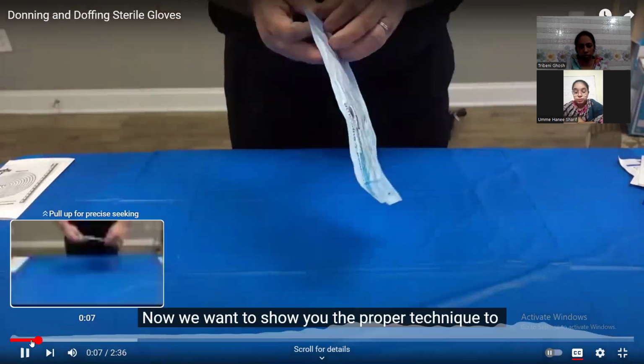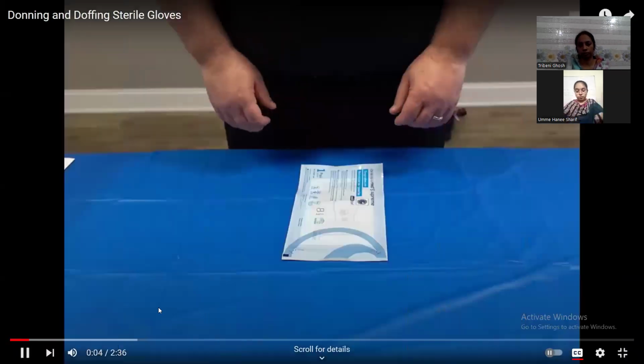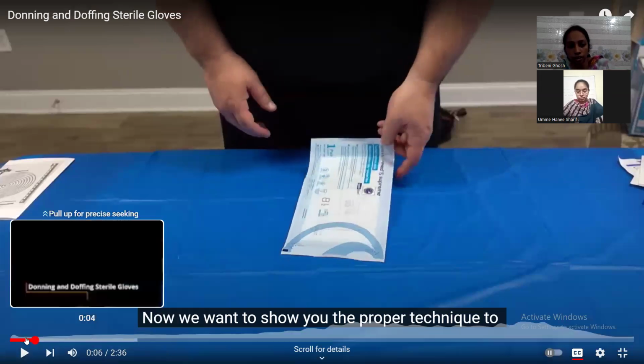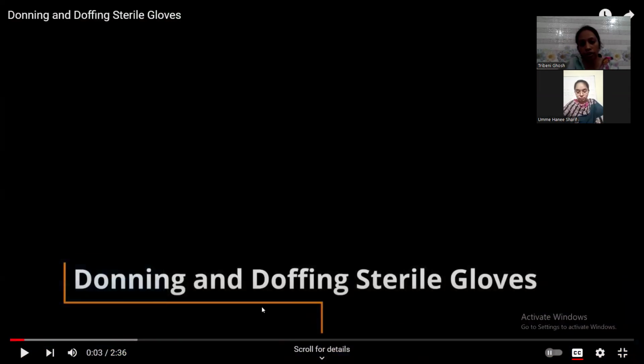Sterile gloves. I want to show you the proper technique. I just want to inform you, in our actual workspace, sometimes we call putting on donning and putting off doffing.